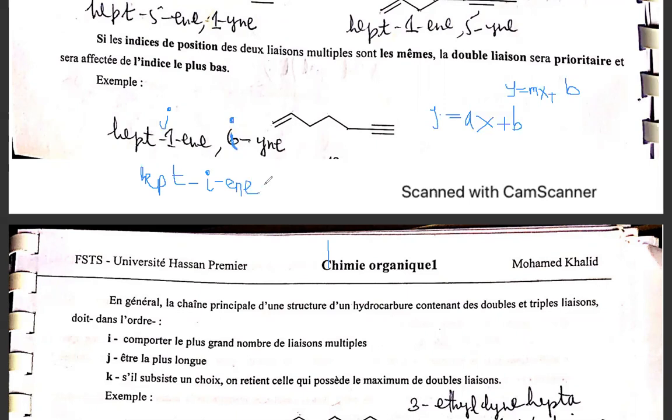So the I and the J just show the positions. What is the position of the triple liaison? For this example here, what's the position of the triple liaison?